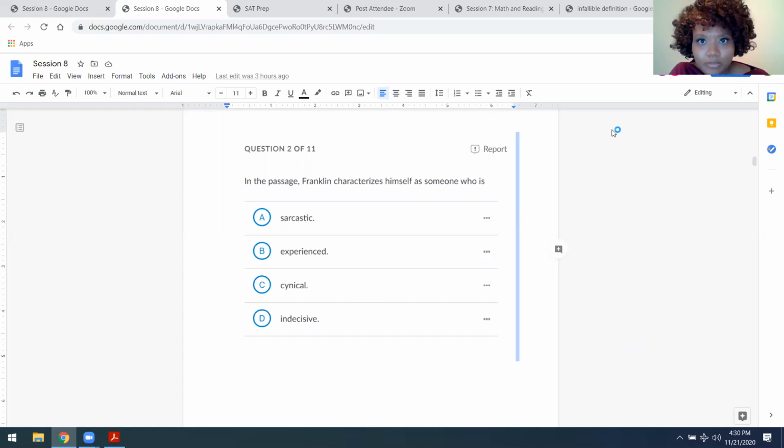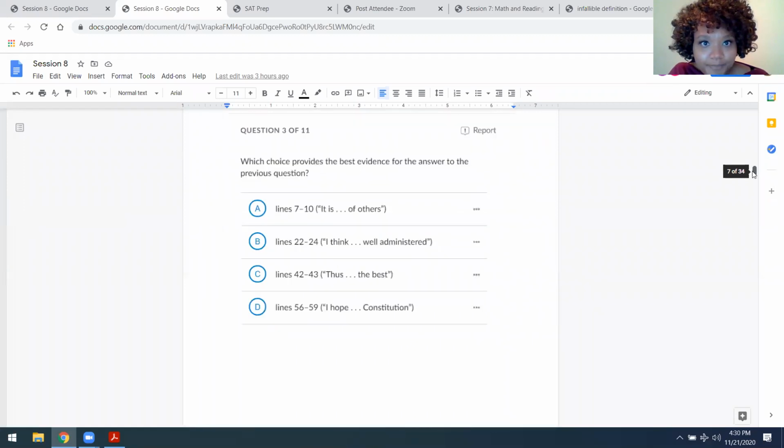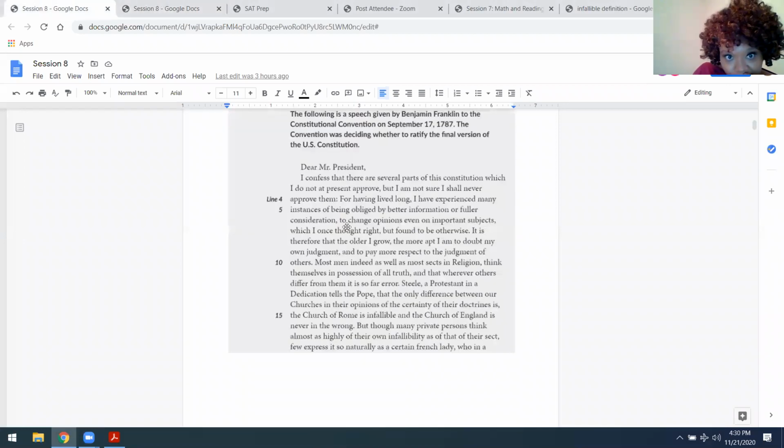Ooh. I thought my computer, the little wheel was spinning, so I didn't know if it was frozen. All right. Okay, now number 3, which choice provides the best evidence for the answer to the previous question? Let's look at A. A says lines 7 through 10.